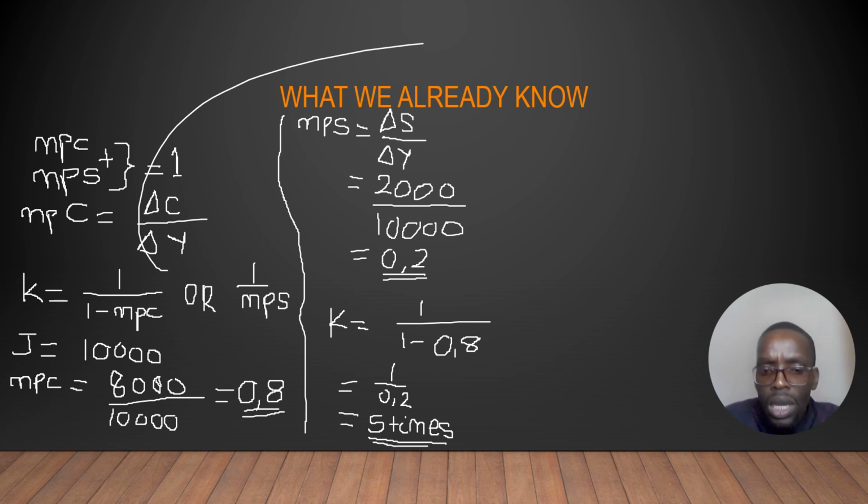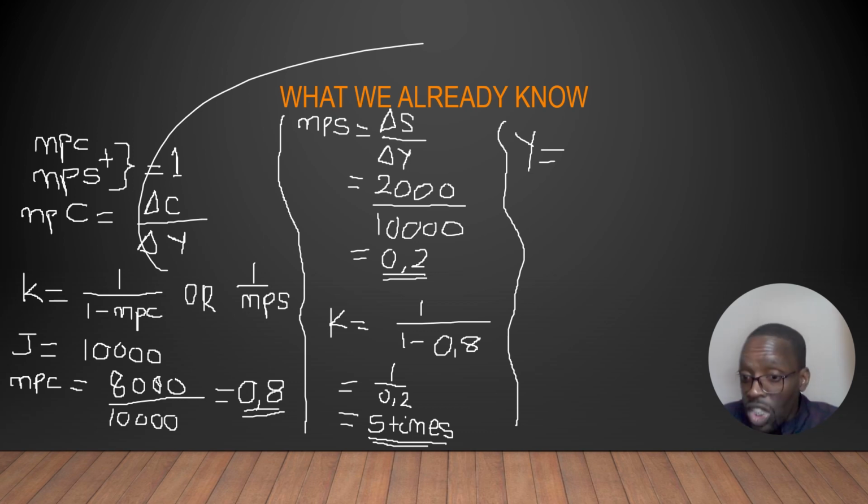And what does this mean? What it means is a simple injection of 10,000 is going to be increased 5 times more. So when we are told to calculate our national income, the change in the national income is going to be the value of the multiplier, K, multiplied by our injections.